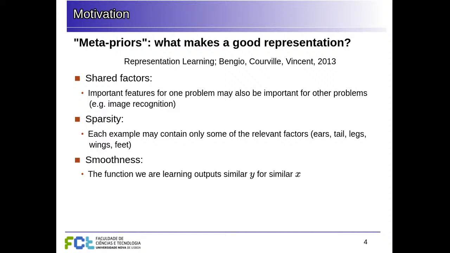Another aspect is that when we are looking at each example, when we have to train our models or even consider just a specific example, we will only find some of the relevant factors for the whole data set.